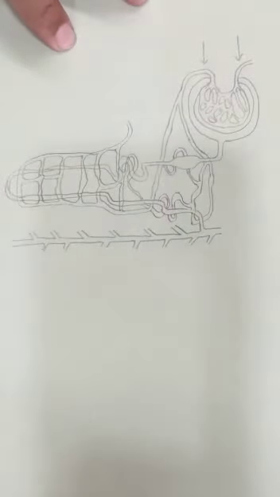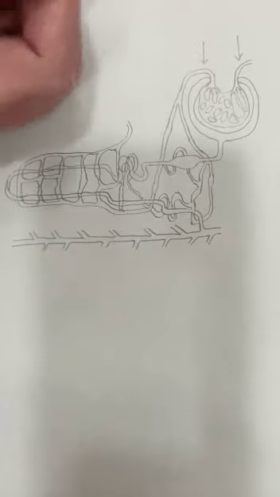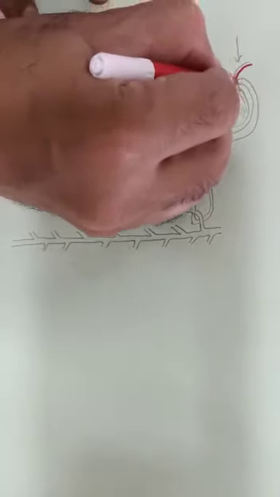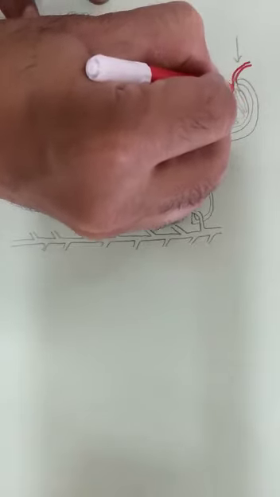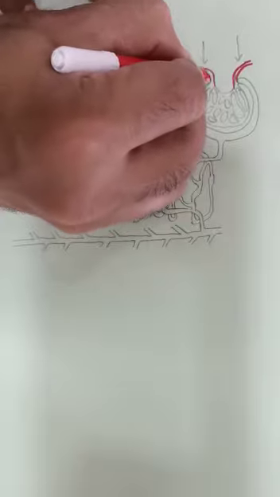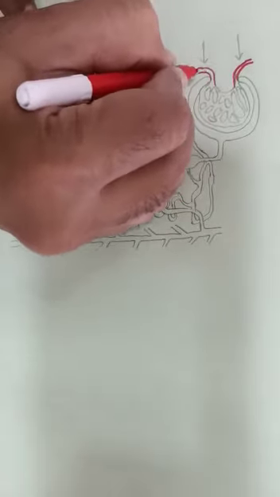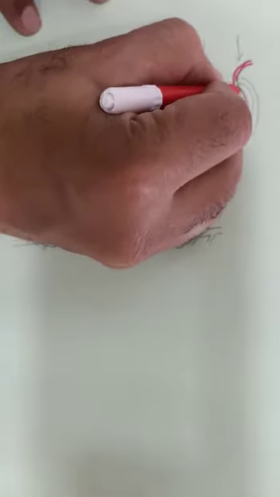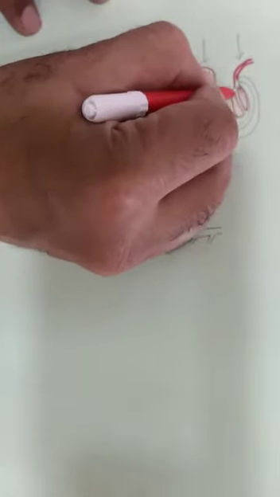Now we can use marker to show this is entry of renal arteriole, this is exit of renal arteriole, these are the fine tubular structures inside.